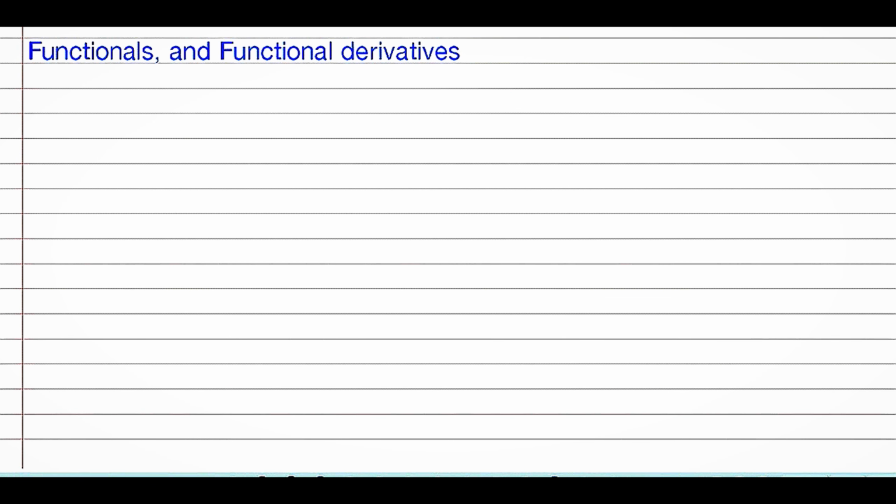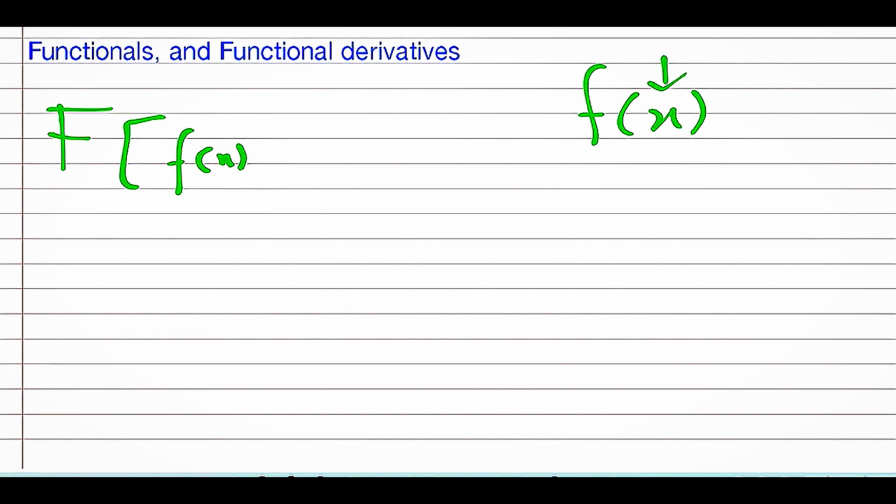Alright, so let's first introduce ourselves to functionals. In functions, we saw that a function takes a number x as argument. Argument means what you put as input. So here the input is x, which is a number. However, a functional takes a function as argument.